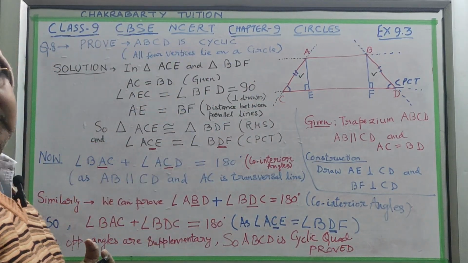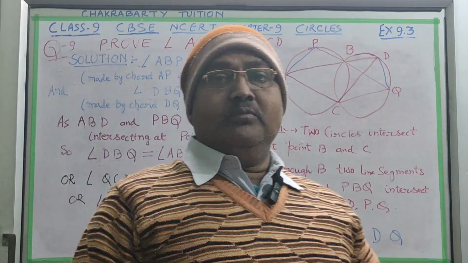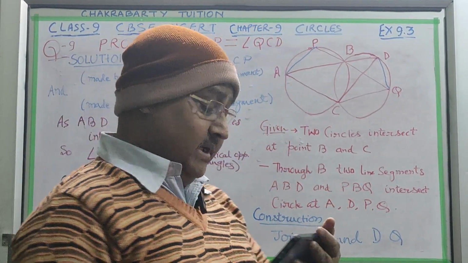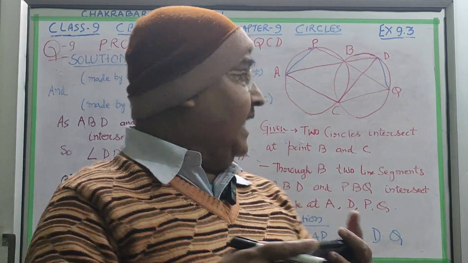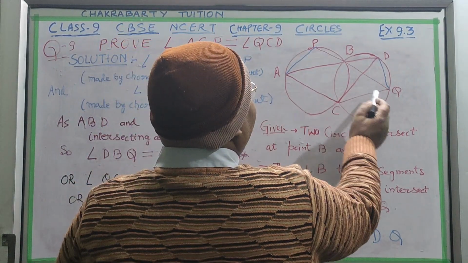Now question number 9 we are going to solve. In question number 9, what it says, two circles intersect at point B and C. So one is this circle, one is this circle.